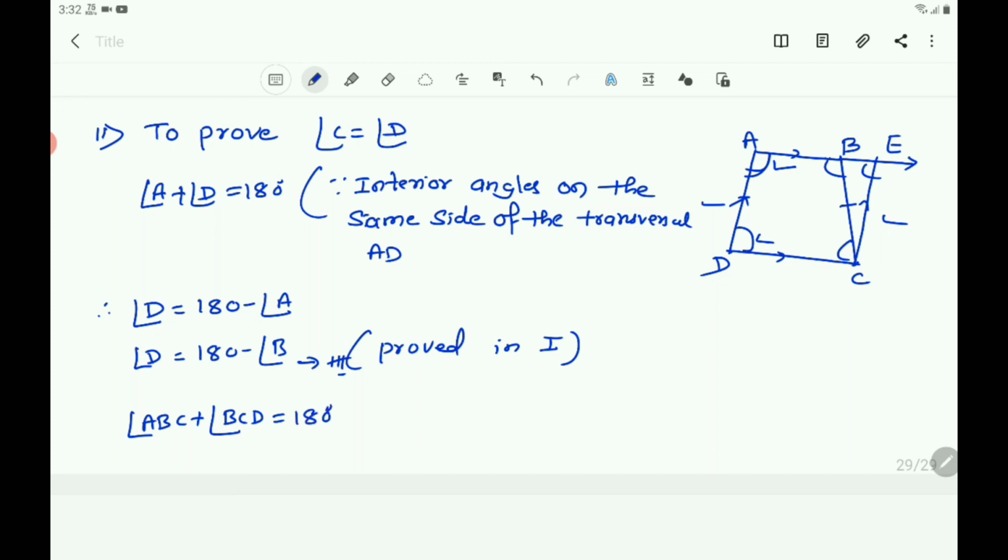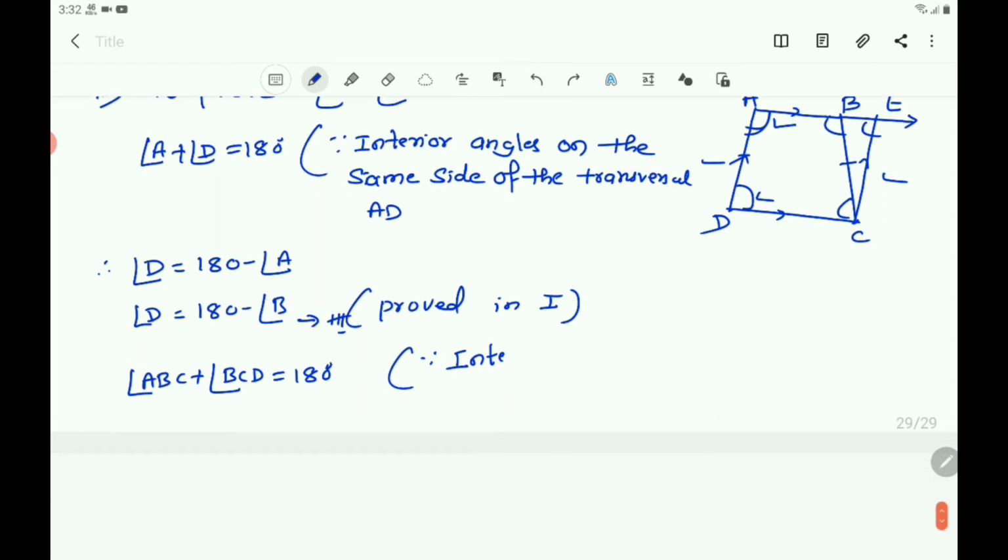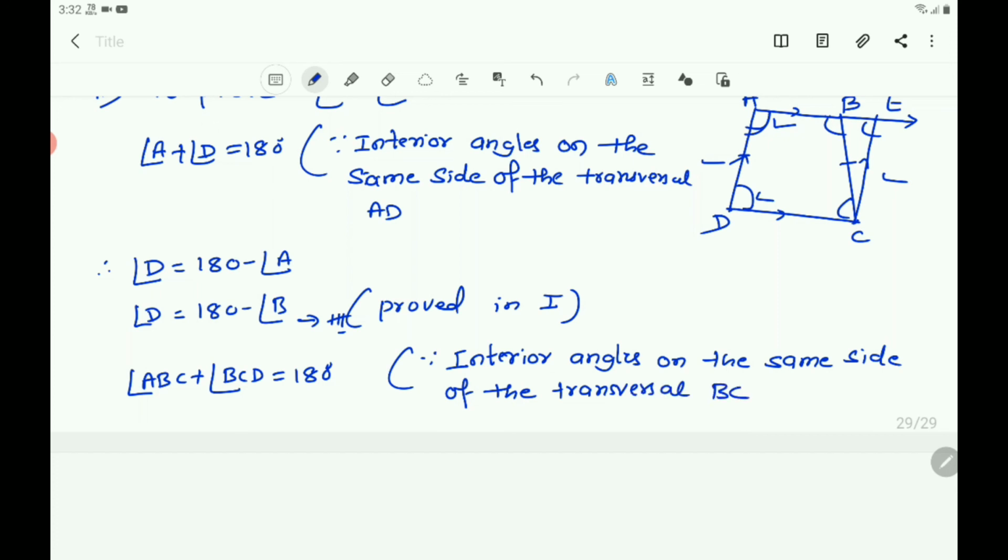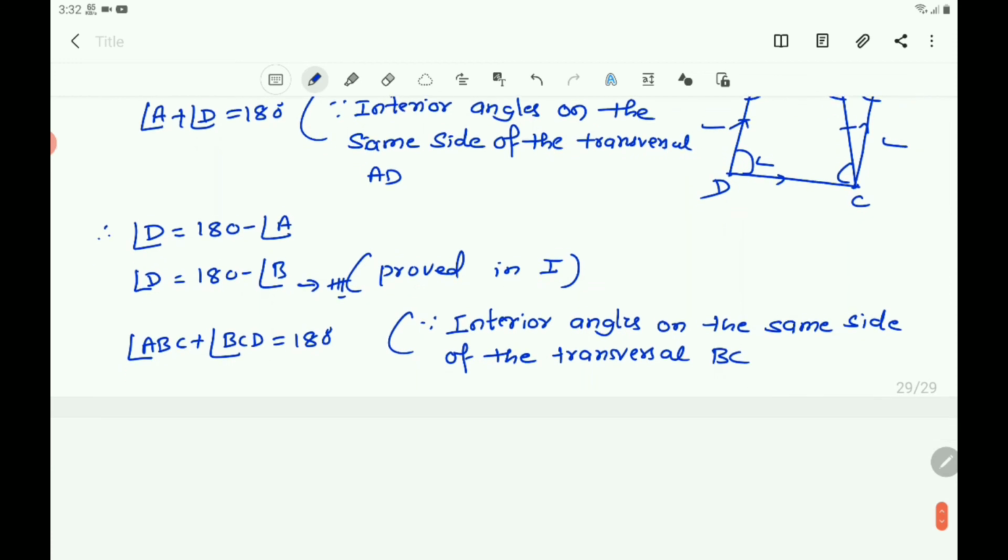equals 180 degrees. The reason: they are the interior angles on the same side of the transversal BC.